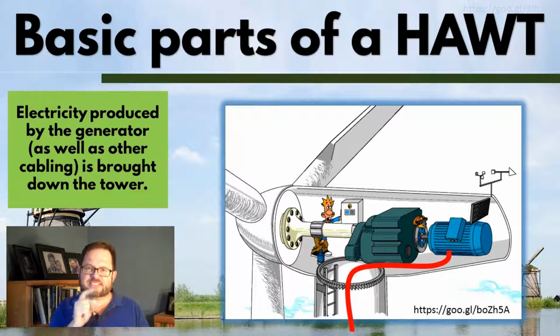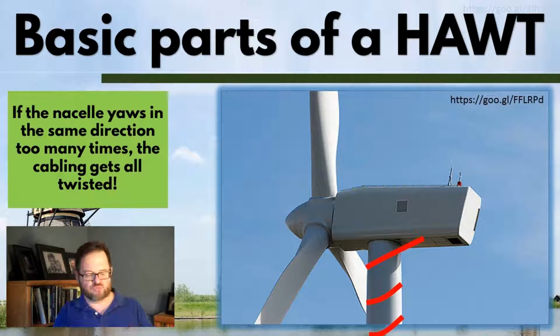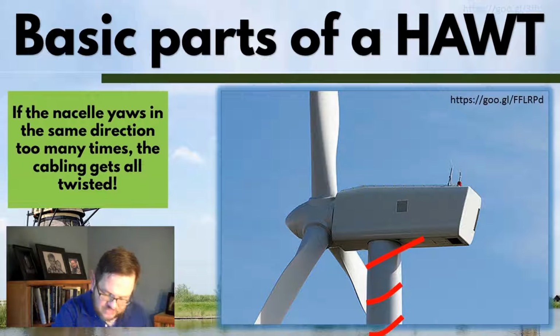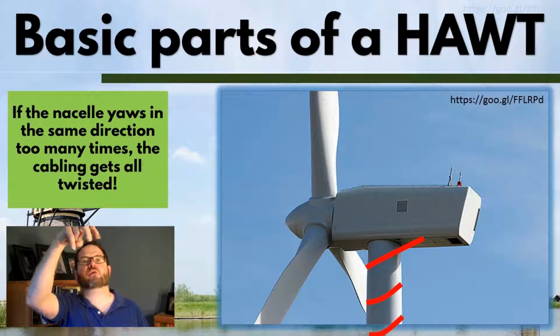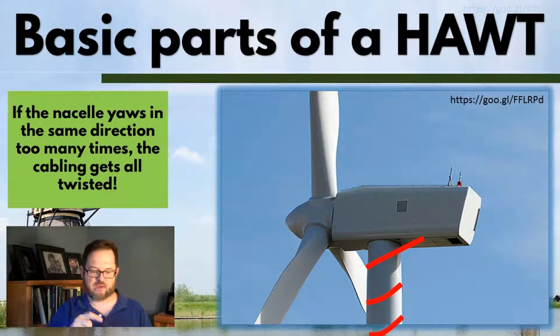down. This is a big problem because if the nacelle is going to be yawing in the same direction multiple rotations, that cable is going to get all twisted. Now, I kind of comically drew it as wrapping around the outside of the tower here, but that isn't what's going to happen. But inside it's not that far off. Those cables that are running up the tower are generally attached to the inside of the tower so that there's also a ladder that the crew can go up and down.